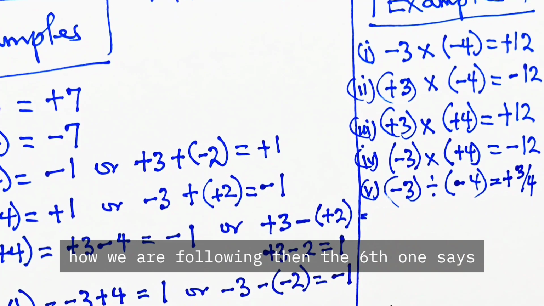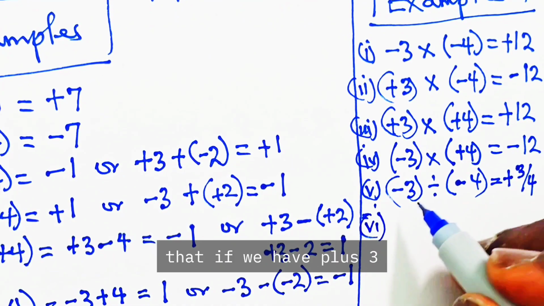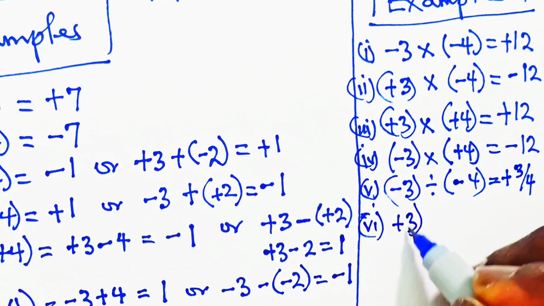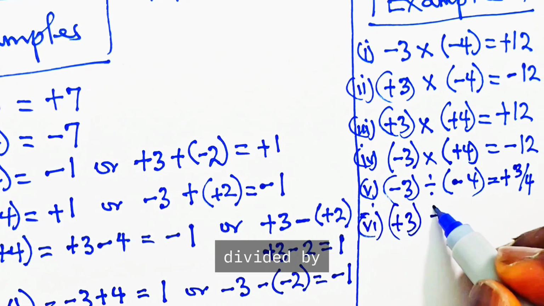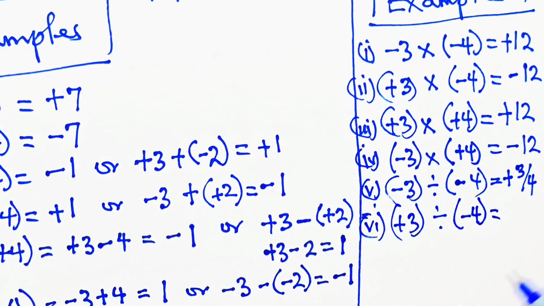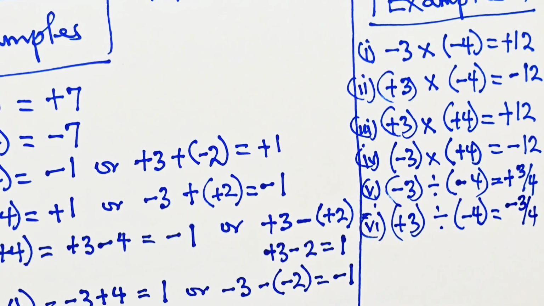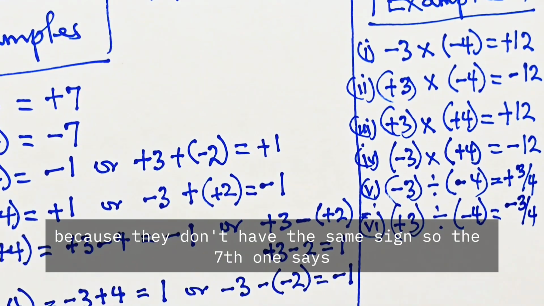Hope we are following. Then the sixth one says if we have plus 3 divided by minus 4, that is going to give us minus 3 over 4, because they don't have the same sign.